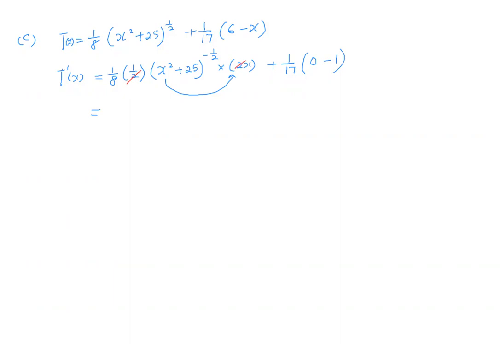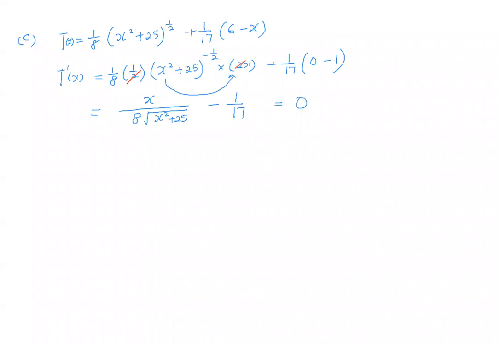So this one, you just write it as x over 8 square root of x squared plus 25 minus 1 over 17. They ask you to put it equal to 0.